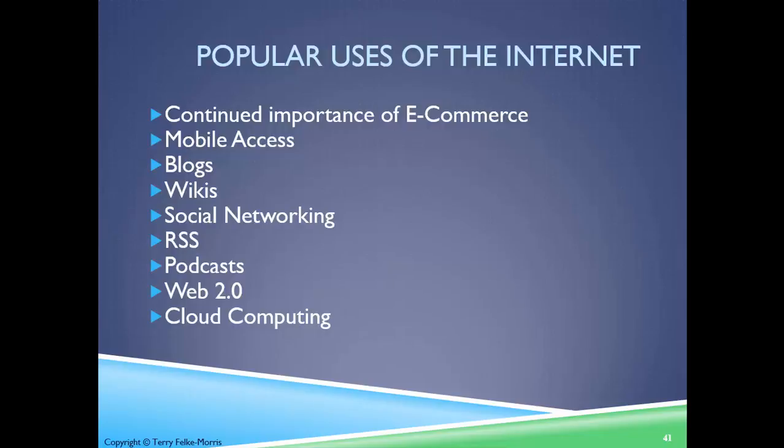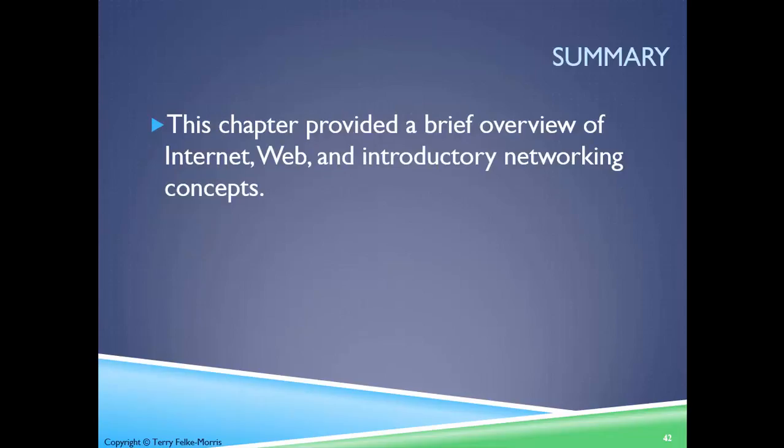So in other words, I can't tell you whether or not, for example, Barnes & Noble sells more books in its stores or online. But I bet you it's pretty darn even between the two. In fact, probably they sell more online, to be honest with you. So this chapter, as mentioned here, was designed to be just a brief overview of the internet, the World Wide Web, and some introductory networking concepts.